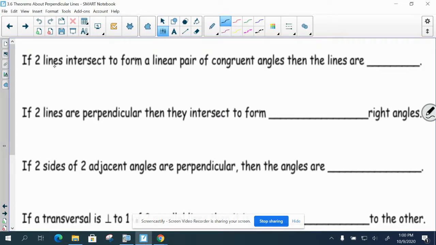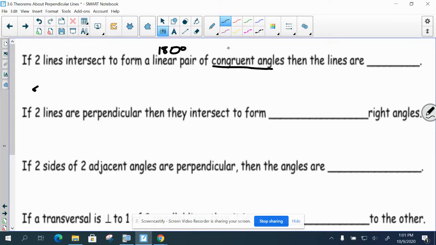This one says, if two lines intersect to form a linear pair of congruent angles, then the lines are perpendicular. So what this means is that if you have a line that intersects to form a linear pair, think a linear pair is 180 degrees. So you would form a linear pair of congruent angles. Then what kind of angles would those be?